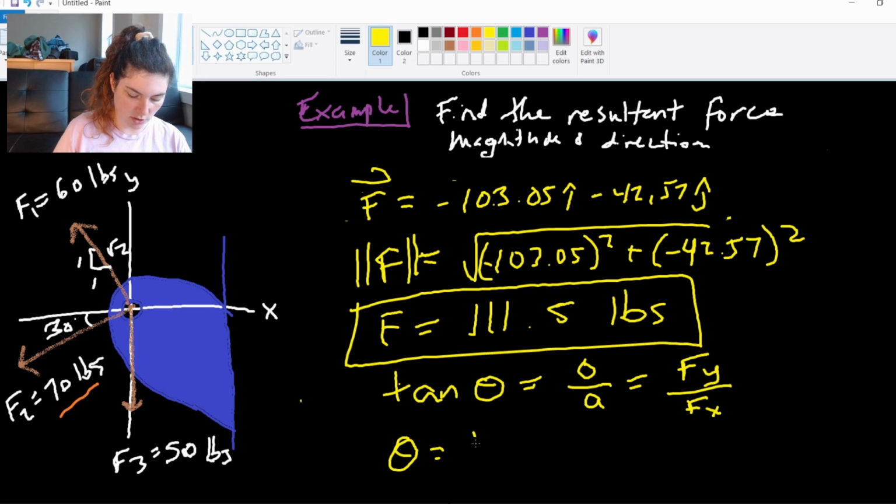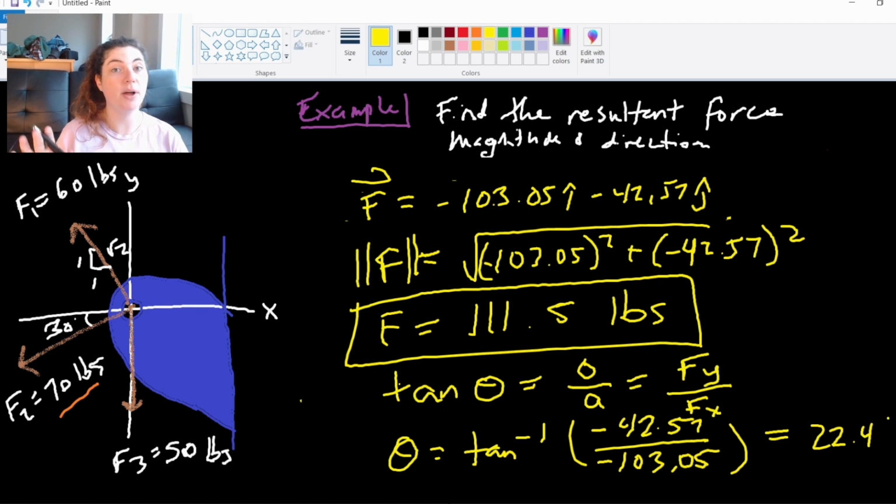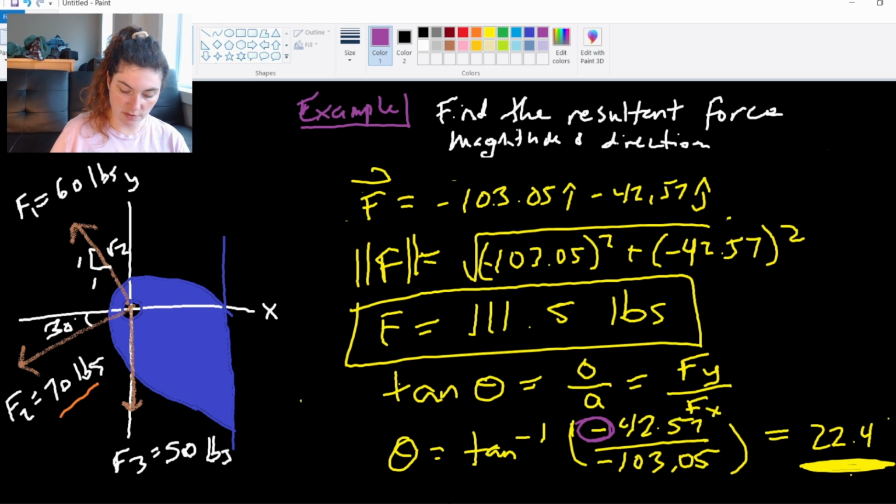So the angle is arctangent of Fy, negative 42.57 over negative 103.05. Now we plug that into a calculator and we get 22.4 degrees. But before we accept this at face value, we need to recognize something. It's that both of these components are negative. Each of these is negative.